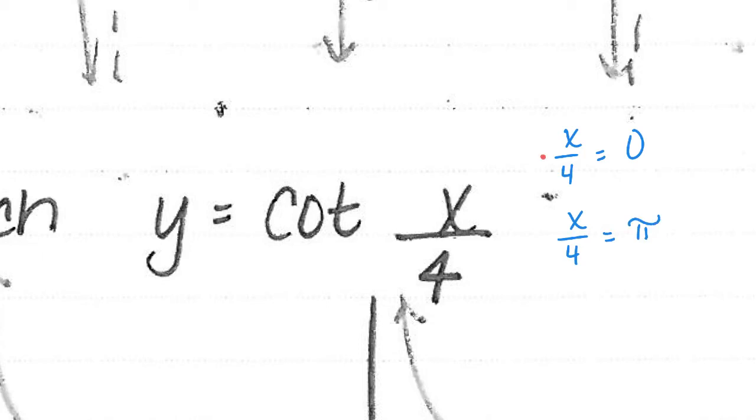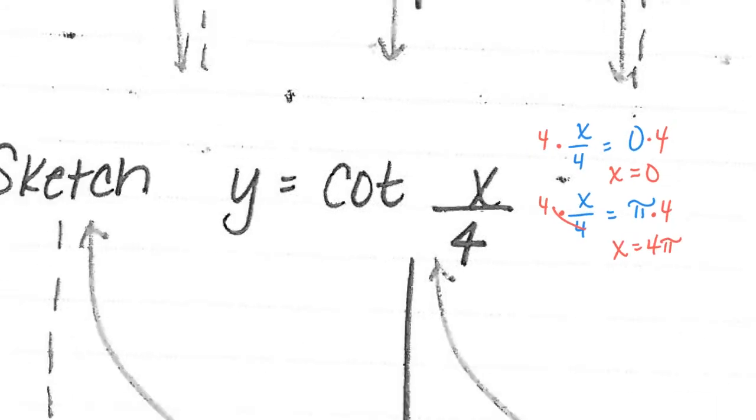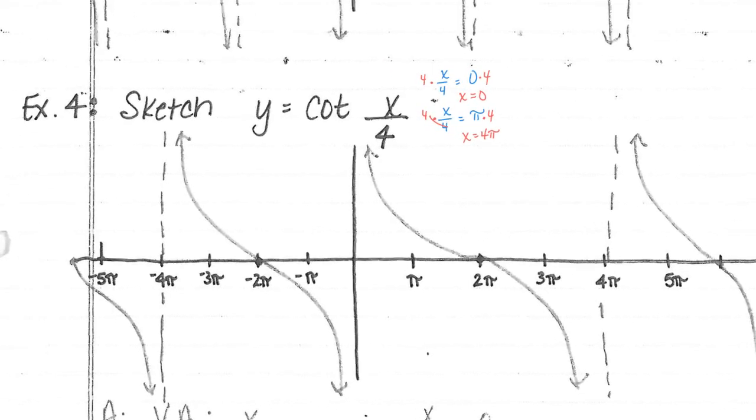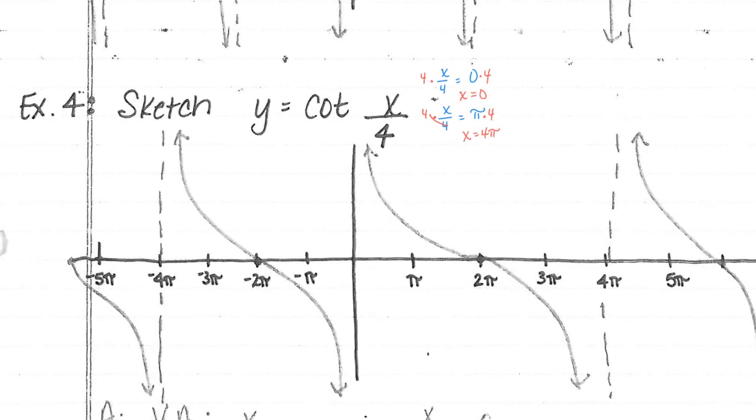When I multiply each side by 4, I know x is equal to 0 because anything times 0 is 0, and x is equal to 4 pi. So now this graph is going to have vertical asymptotes at 0 and 4 pi and negative 4 pi. So all the vertical asymptotes are now at 0, 4 pi, negative 4 pi.